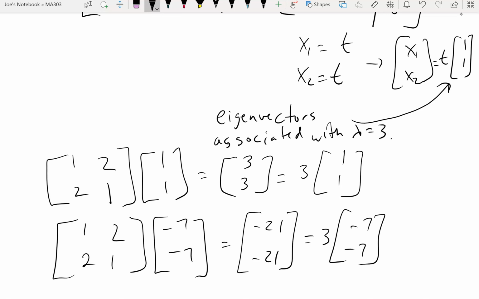That's the idea behind this. The matrix multiplication is the same as the scalar multiplication for vectors of that form. It doesn't work for all vectors, it's for vectors of that form, right?